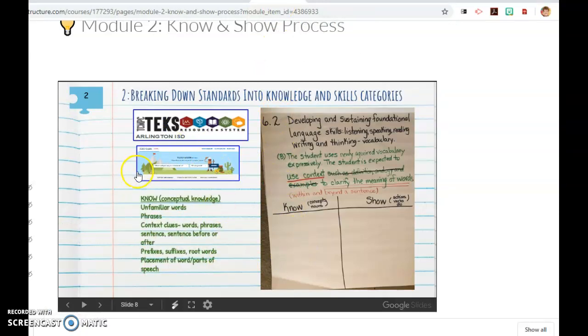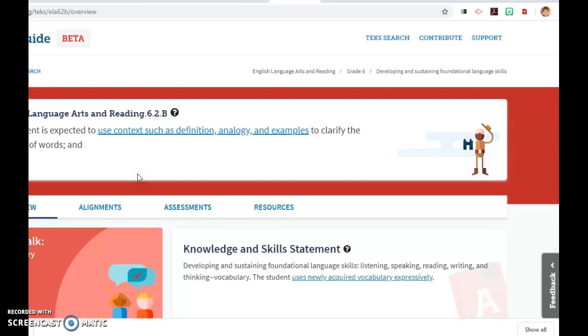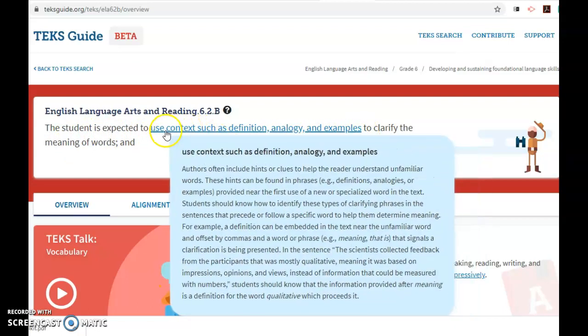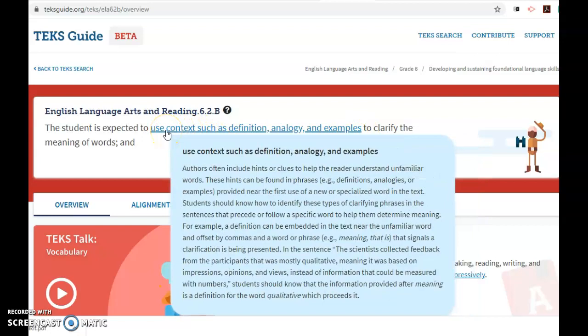I can further look into the TEKS guide. If I can expand my window here. And as you see, the standard is printed. There are words or phrases that are hyperlinked. And if I hover over that, I can see a great deal more specificity of knowledge that I could pull from that and add to my chart.